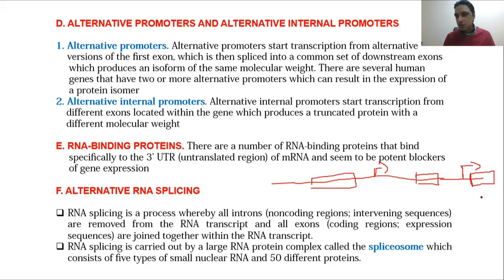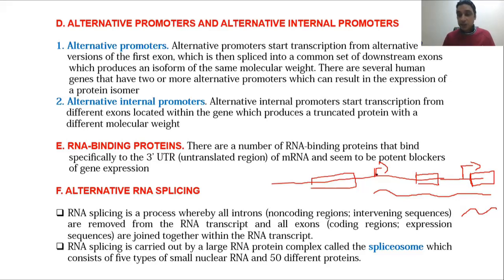So this gene can initiate transcription from here. It will produce a messenger RNA like this, that much long. But the same gene can also start its expression using a transcription start site present here. In this case, the messenger RNA will be like this, that much small.